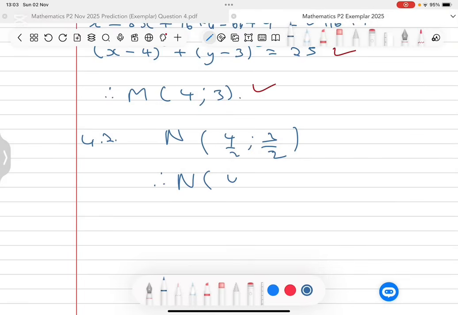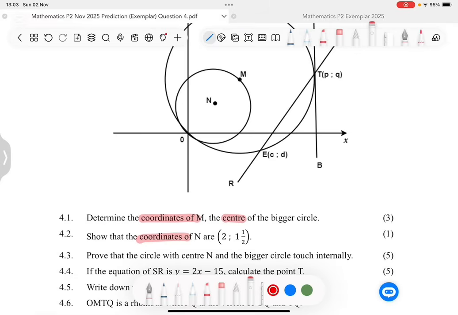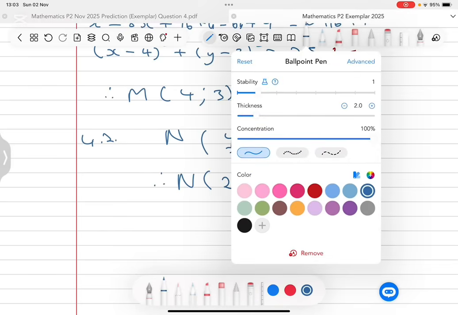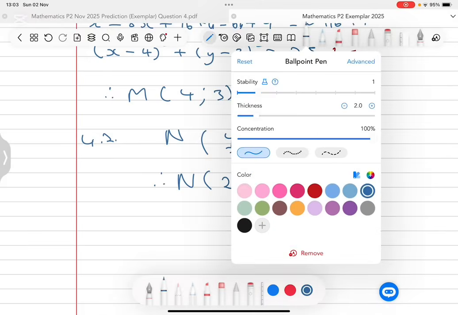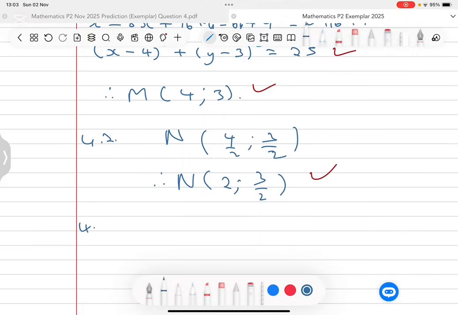Wait, no. This will give me a 2 and 3 over 2. Please try it using the midpoint formula and see what you get. So there isn't much that we're doing here. This question is really just 1 mark for writing that answer there.